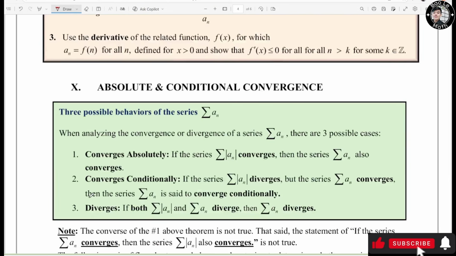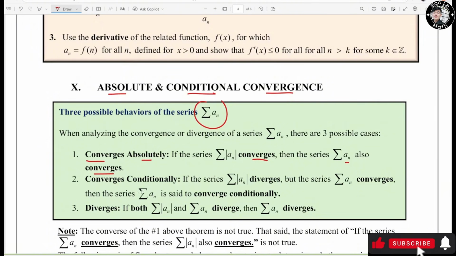Now, the last one we're going to talk about is absolute and conditional convergence. When analyzing the convergence or divergence of a series a sub n, there are three possible cases. The first one, the series converges absolutely. If the series of absolute value of a sub n converges, then the series a sub n also converges.